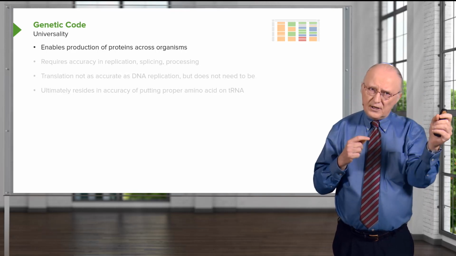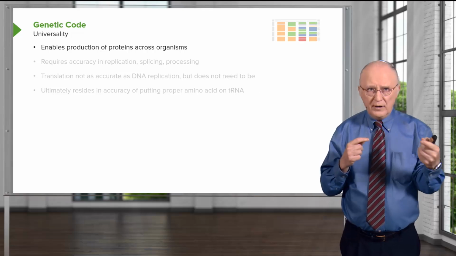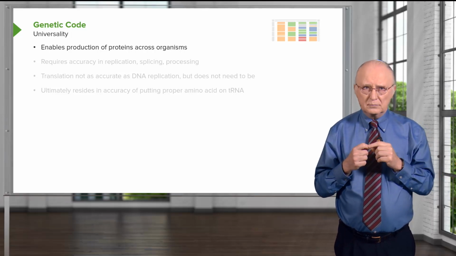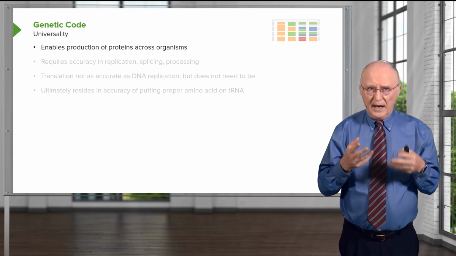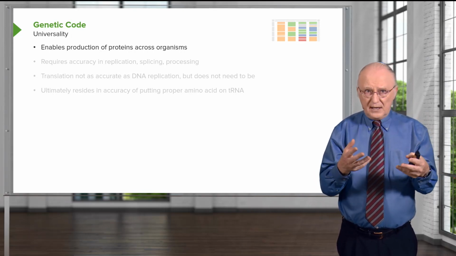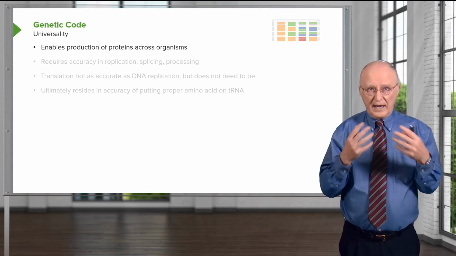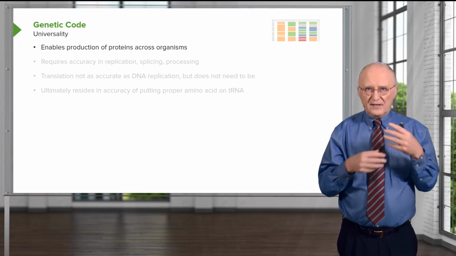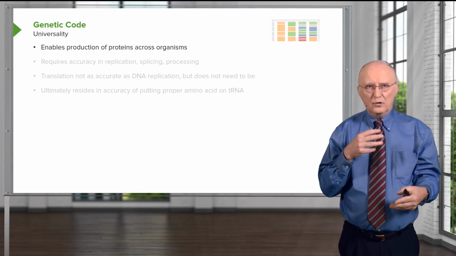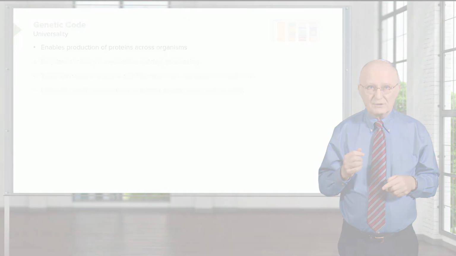If I do that, the bacterial cell will transcribe through that coding region for the human growth hormone, and then the ribosomes will grab it and start to translate it. And since the genetic code is the same for a bacterium as it is for my cells, the bacterium will actually start producing the human growth hormone protein. That's a remarkable thing that we can do as a result of this common genetic code across organisms.